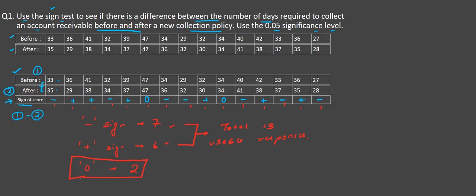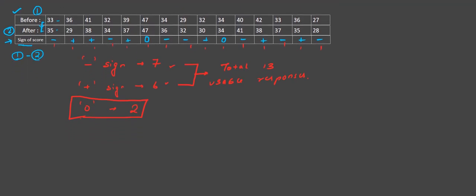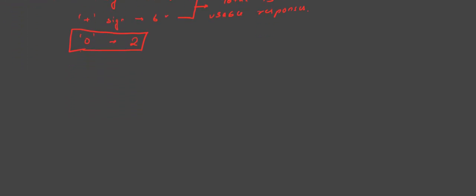So let us start finding our data. As you know, we need to first begin with the null hypothesis. Our first step is the null hypothesis, noted as H0, that is p, the proportion, which is given in the question.